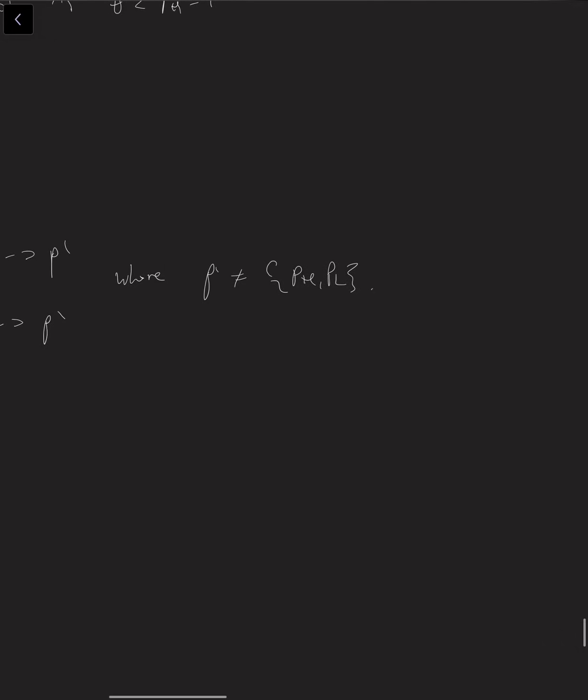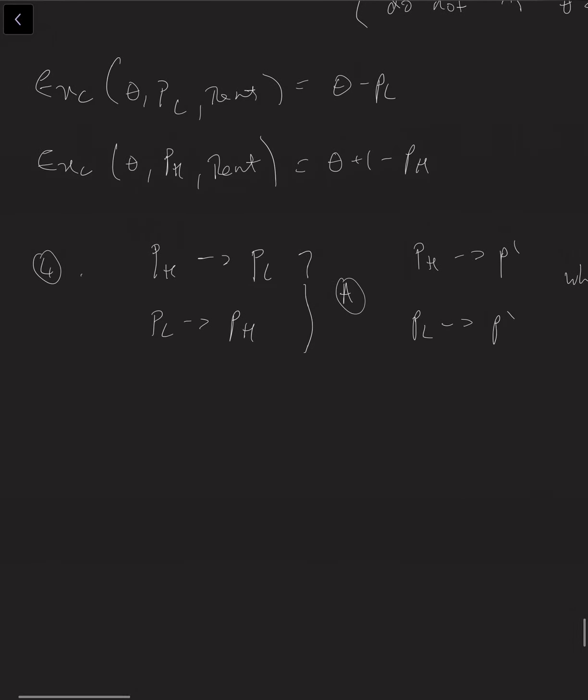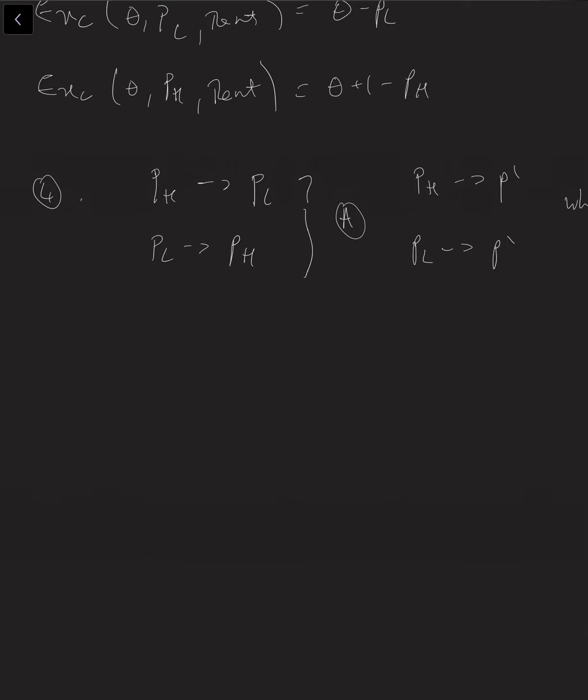Let's call this class B of deviations. Now we have to calculate equilibrium utilities and off-path utilities, and this will help us find equilibrium ranges of PL and PH.